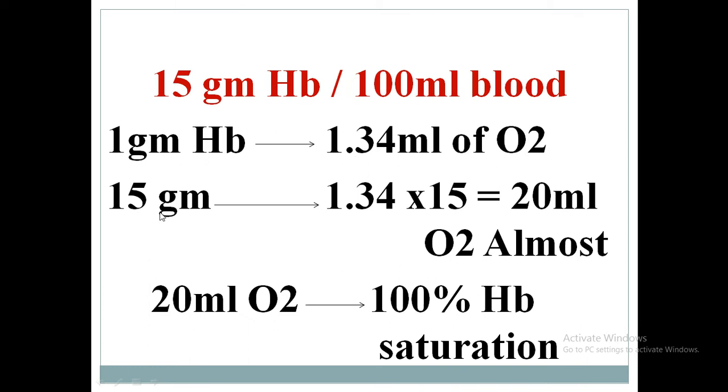So what happens for the 15 grams? Almost 20 ml of oxygen can be carried by 15 grams per 100 ml of blood. In other words, 20 ml of oxygen makes 100% hemoglobin saturation for oxygen.